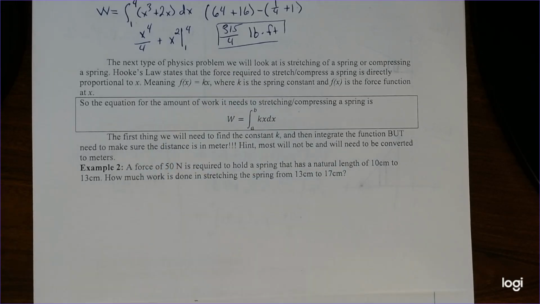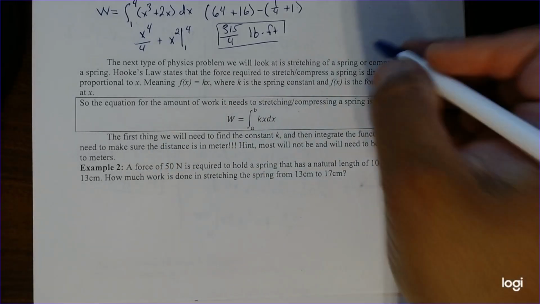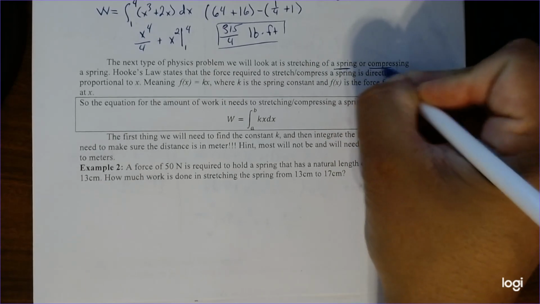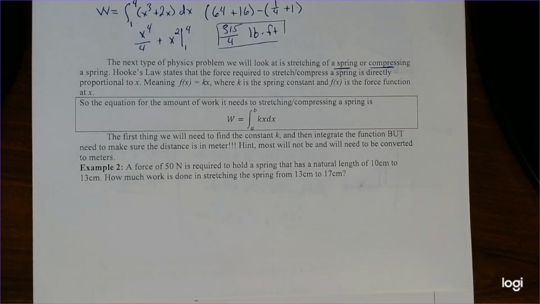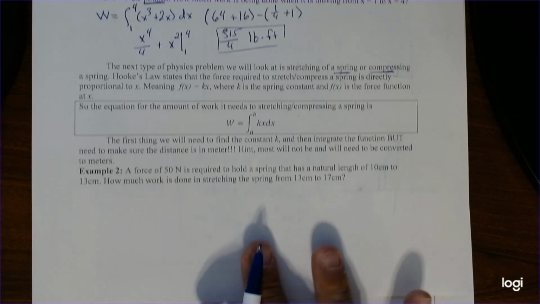So again, the next type of physics problem is compressing a spring or stretching it out. Hooke's law states that the force required to stretch or compress a spring is directly proportional to x, meaning the function itself is f(x) = kx, where k is the spring constant and f(x) is the force function itself. So f is still the same as what we did above.